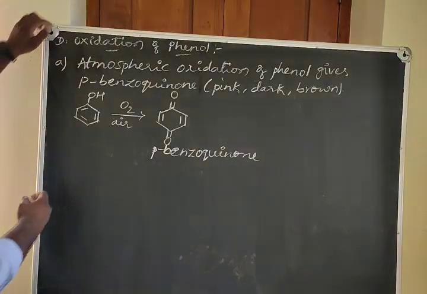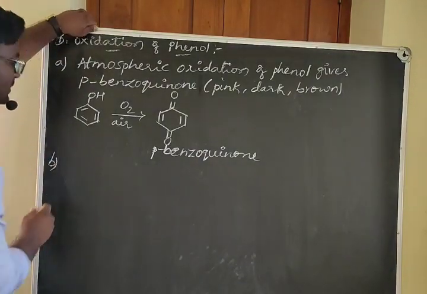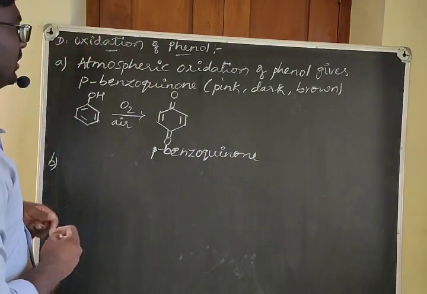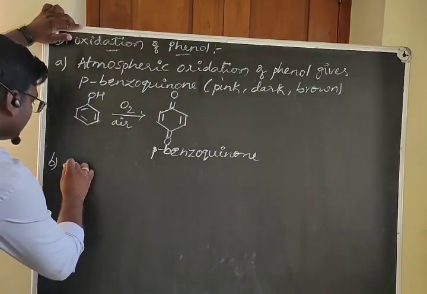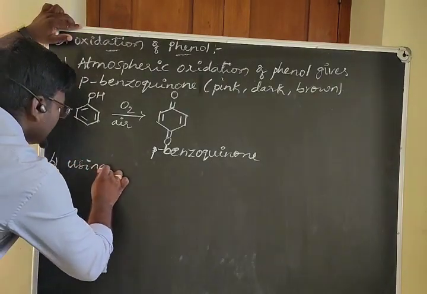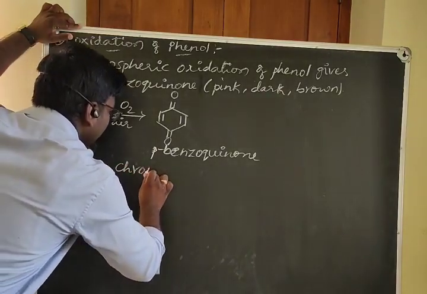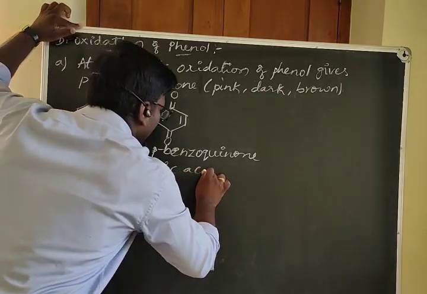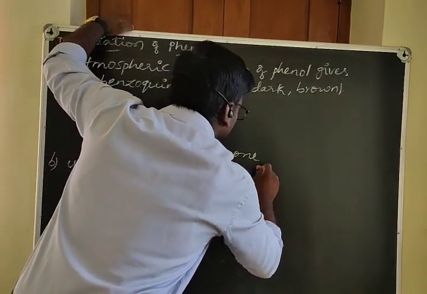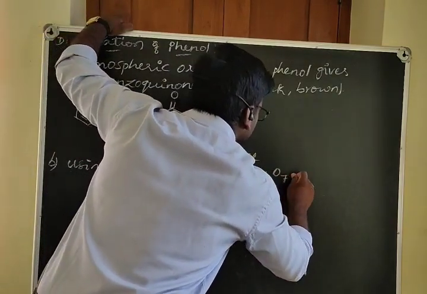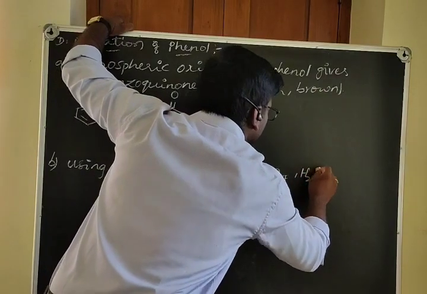Yes, and you can also use chemical methods to oxidize phenol, that is using chromic acid. What is this chromic acid? Sodium dichromate, that is Na2Cr2O7, in presence of H2SO4.